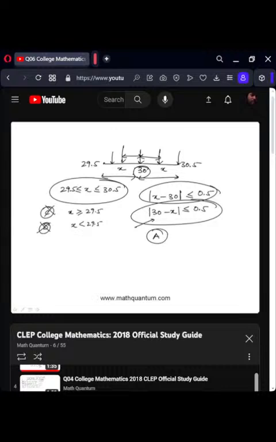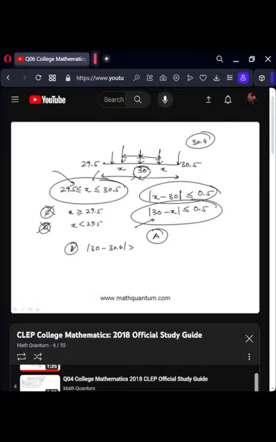Now you could also start with the choices and try to use some example values, and to eliminate that certainly is acceptable. For example, you could say one possible value is 30.4, and you see which of the answer choices are satisfied. If you look at B, you would plug in 30 minus 30.4.